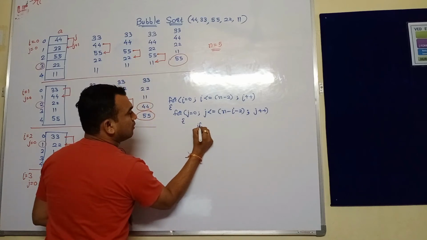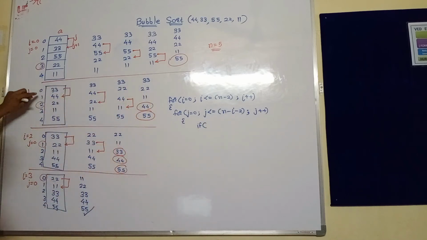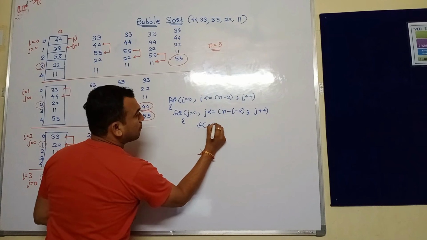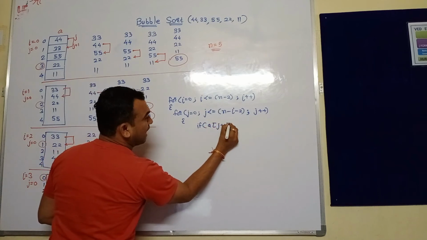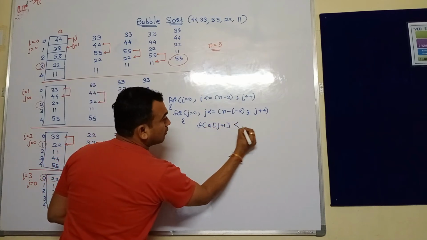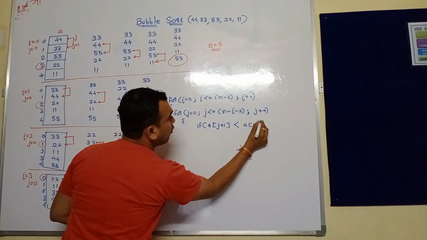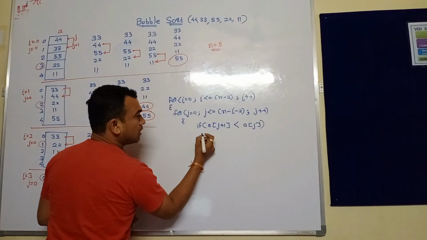In this for loop we always compare neighboring elements. j is here, then j plus 1 is this one. It means we compare a of j plus 1 with a of j, and if a of j plus 1 is smaller, then we do the interchange.